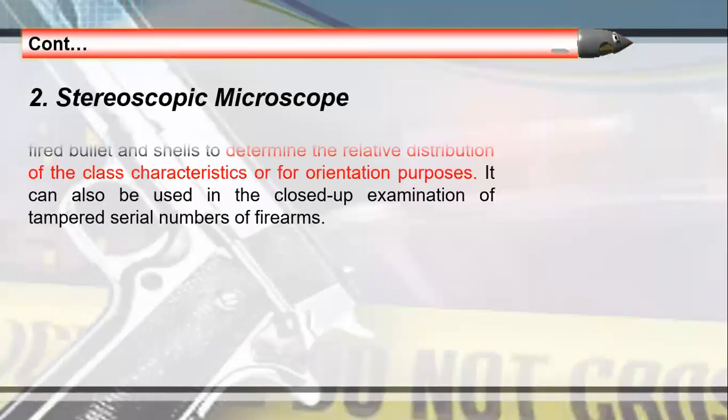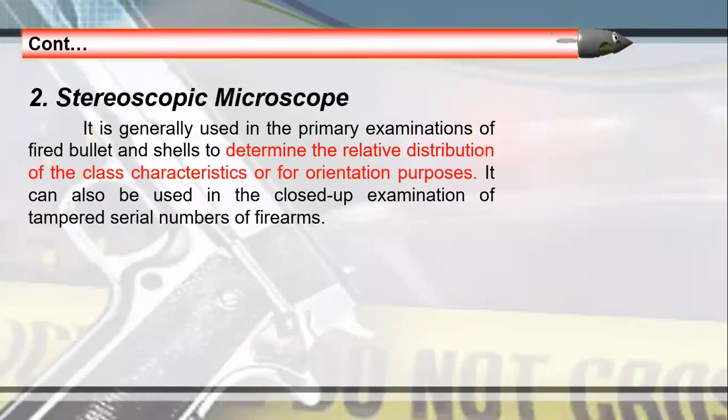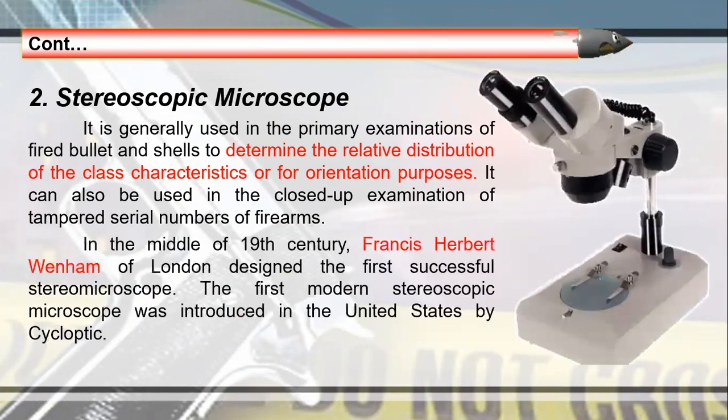Next, stereoscopic microscope. Stereoscopic microscope is also used to orient and determine the relative distribution of class characteristics. It is also used in the close-up examination of tampered serial numbers of firearms.